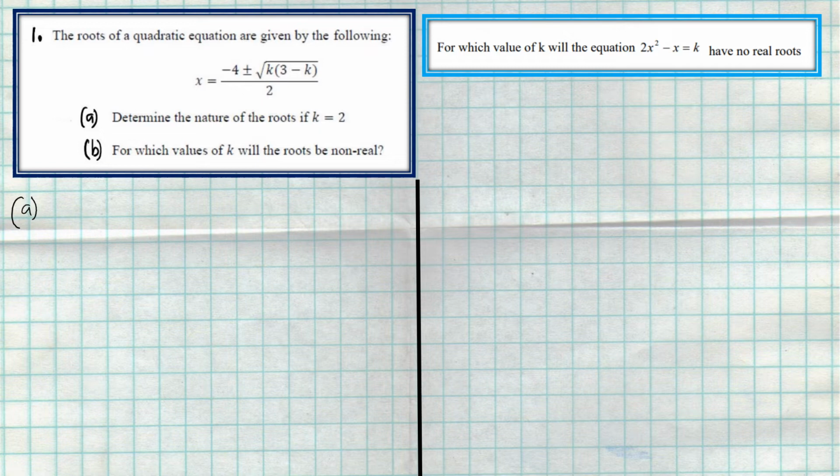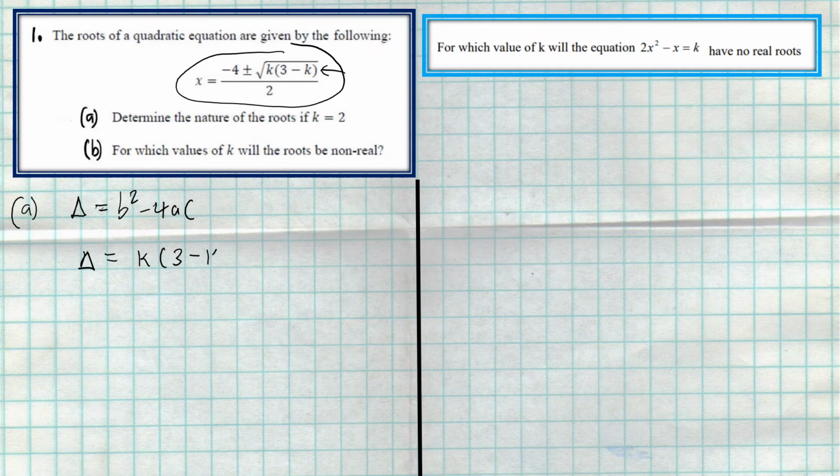This question is simply asking whether our roots are real, non-real, or equal. To determine the nature of the roots, we must first determine our delta. We know that delta is equal to b squared minus 4ac, and from the quadratic formula, the b squared minus 4ac is inside the square root, which is k into 3 minus k.